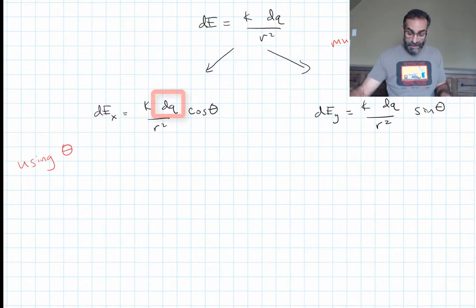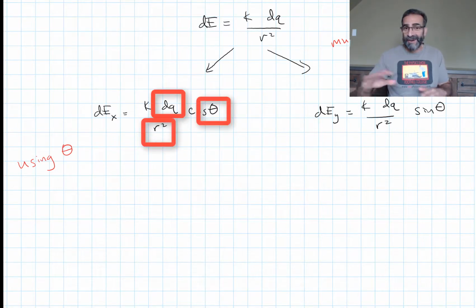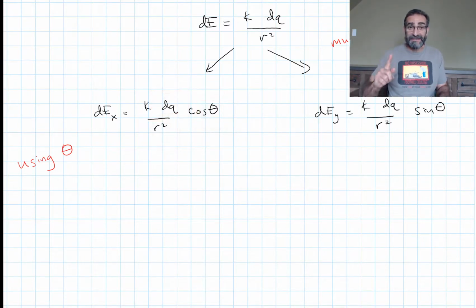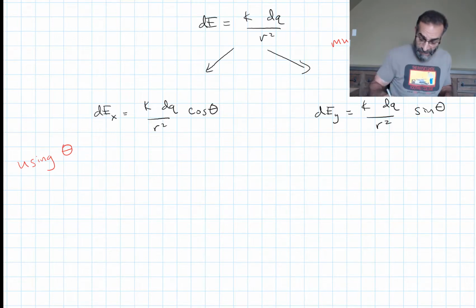We have a dq, we have a theta, we have an r. We've got to get all of this in terms of one variable that we can integrate over, because this is a one-dimensional charge distribution, so we should have a single integral. Let's start with dq, because that tells us what variable we're integrating over.